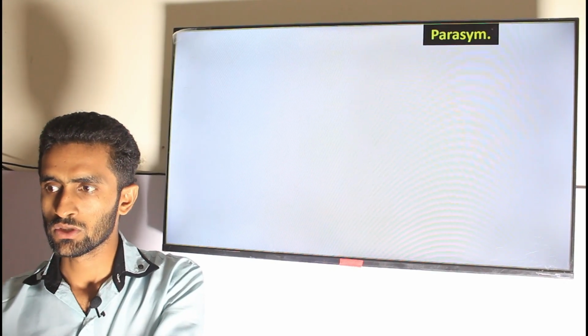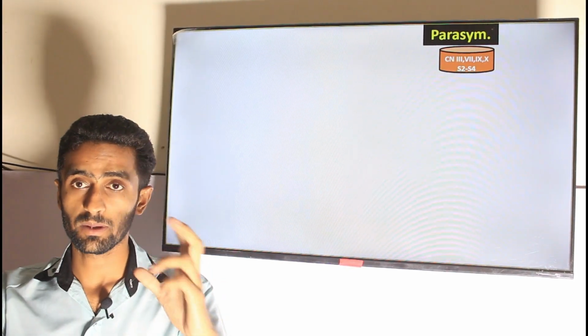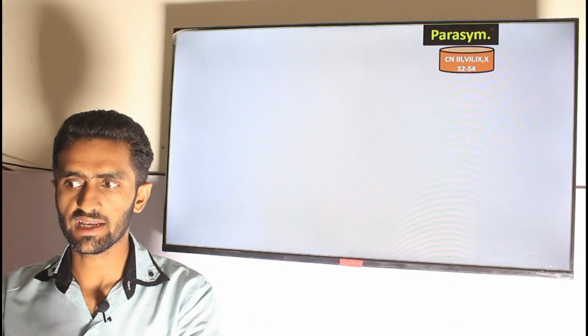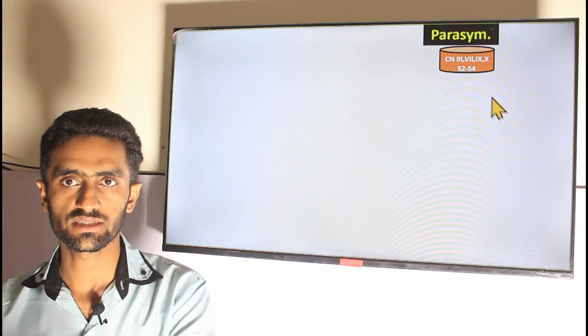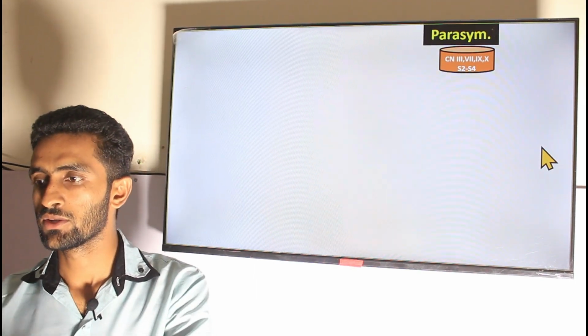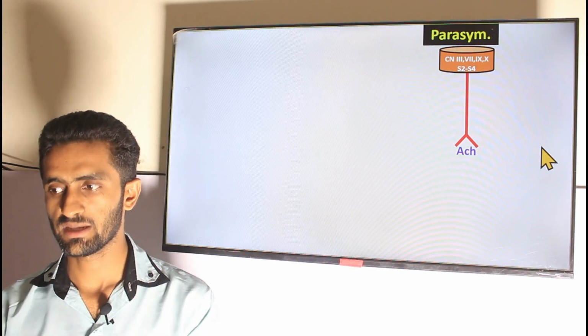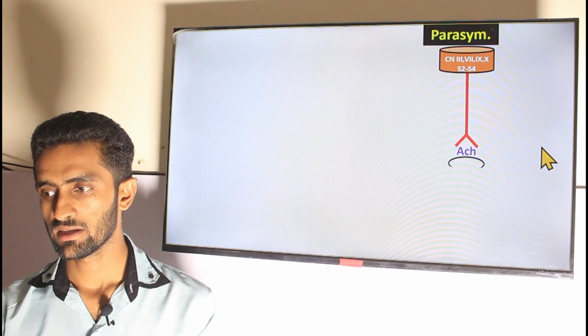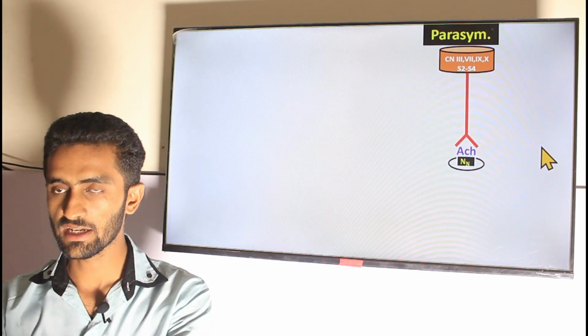Okay, so just a summary point for the parasympathetic: the outflow comes from cranial nerves 3, 7, 9, 10, and the S2 to S4 segments. In the parasympathetic outflow, the preganglionic fiber releases acetylcholine and comes to the ganglion, which is the nicotinic N type.